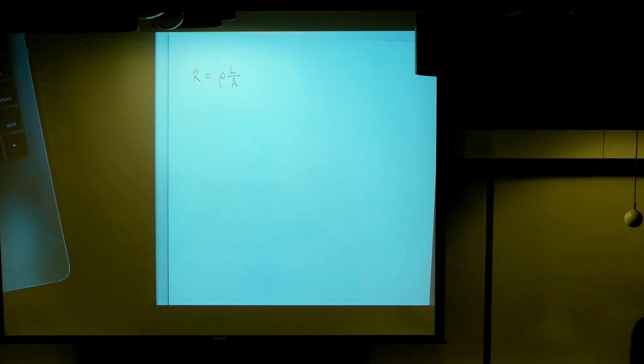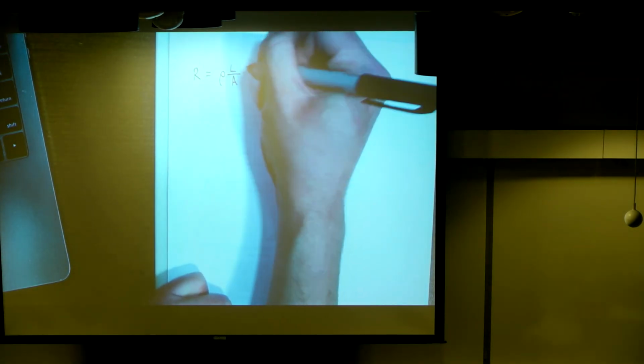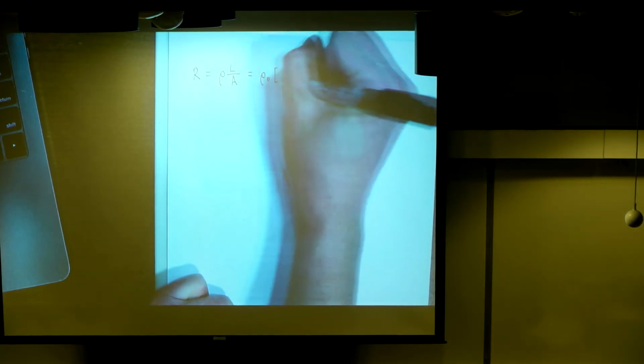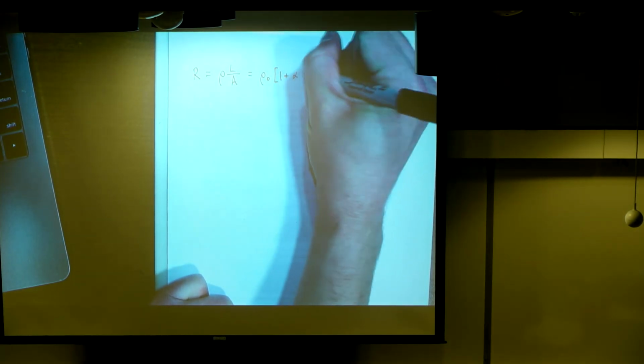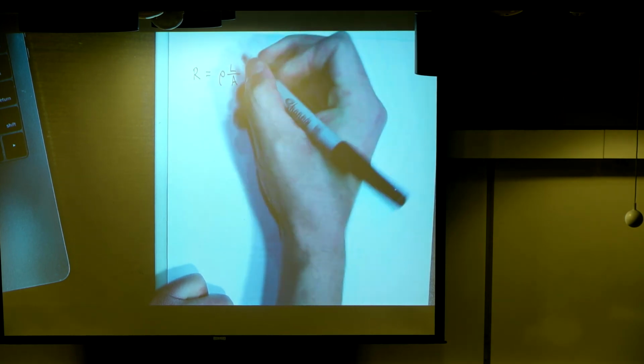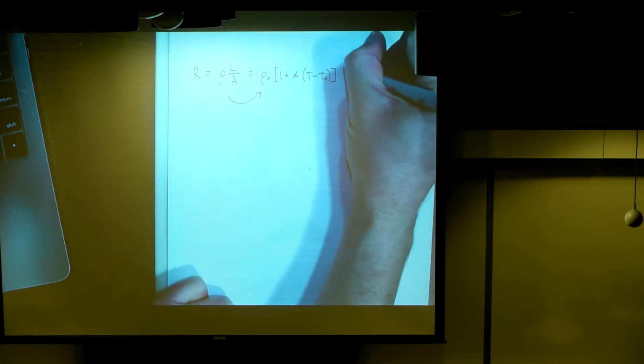But what is going to change is rho, okay? Now, how exactly does rho change? Well, rho is given by rho naught times (1 plus alpha (T minus T naught)). So that's just the substitution I made right there. And that's multiplying L divided by A.